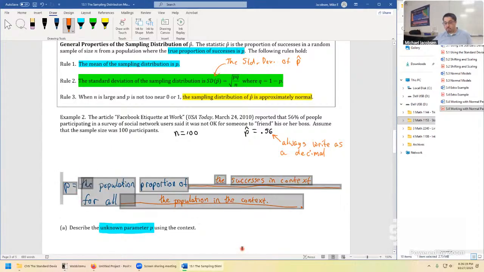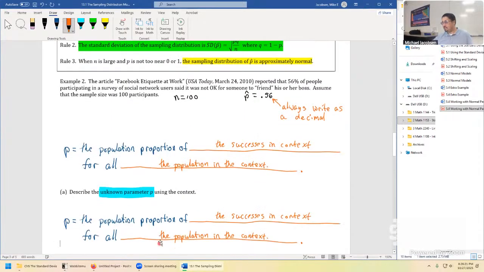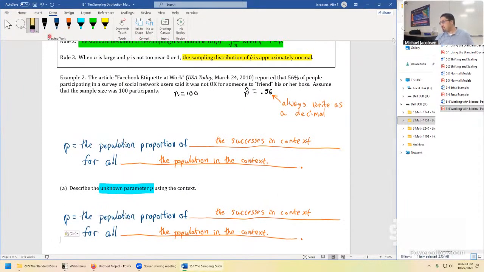Let's actually use that down below. So I have to say what the successes are. Let me blank that out. We have to say what the population is. In some problems, it's pretty straightforward, but keep in mind, in plenty of problems, this is pretty tricky. So we'll always make a big deal out of part A because we're thinking ahead. What is the conclusion even going to look like? By being really careful in part A, if we do this just right, our conclusion is almost automatic.